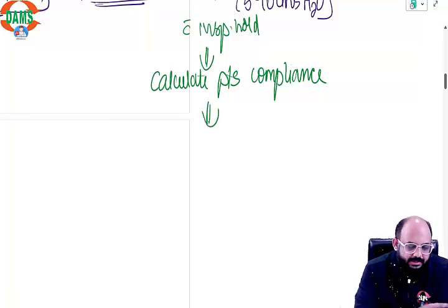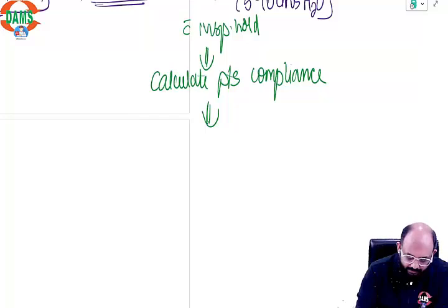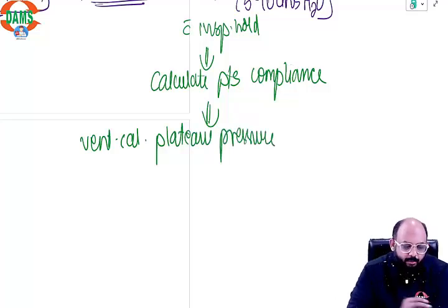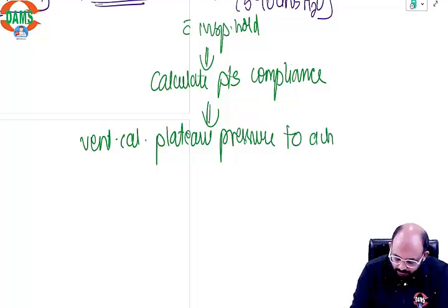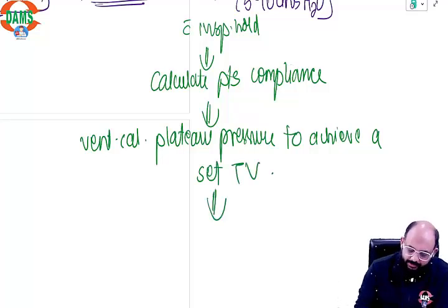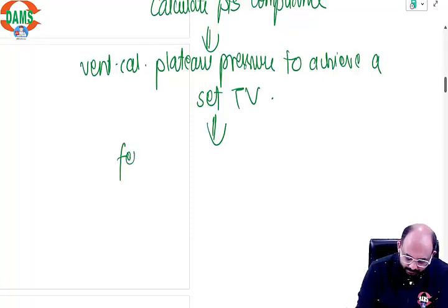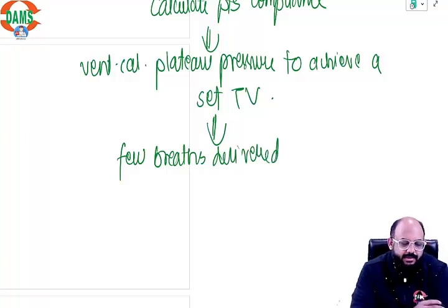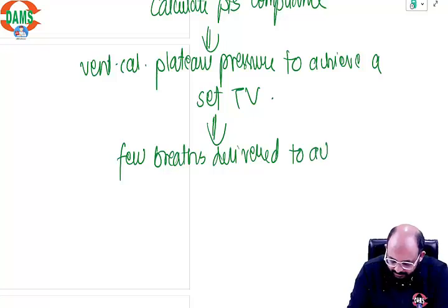Then the ventilator calculates the plateau pressure to achieve a set tidal volume. Then it will give a few breaths to achieve the set tidal volume.